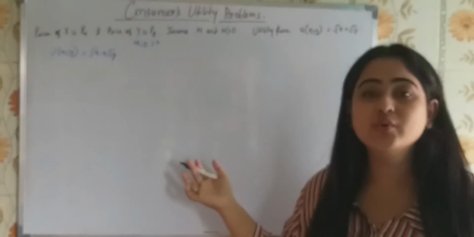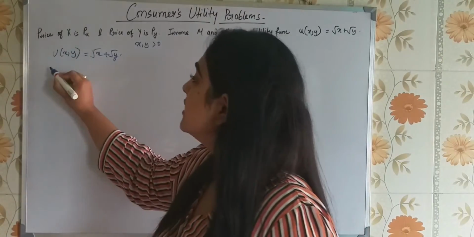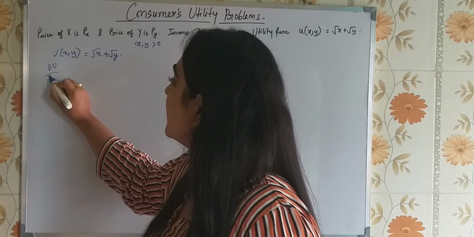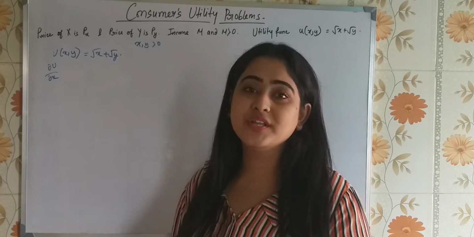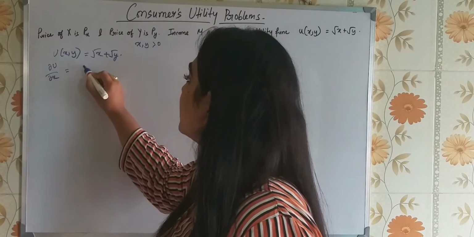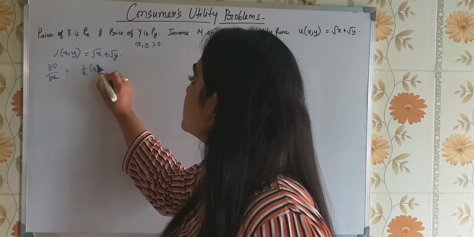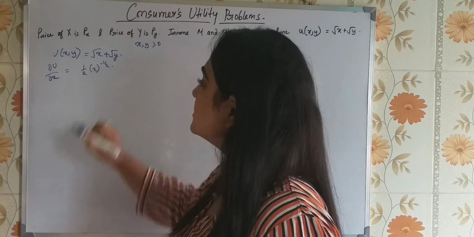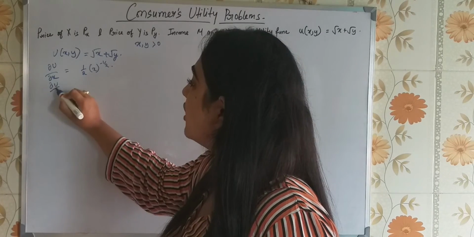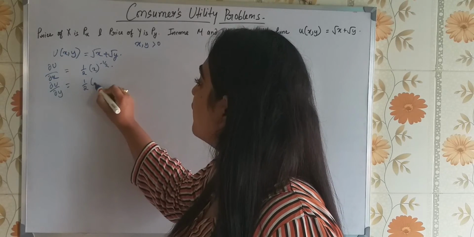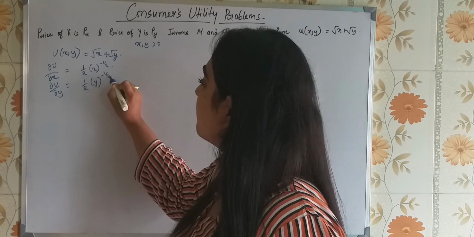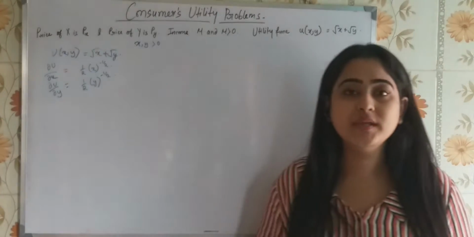Now, we are going to find del u by del x. This is the first work that we need to do. And what will it come to? Half of x to the power minus half. Similarly, we can get del u by del y, that is half of y to the power minus half. This is what we get.